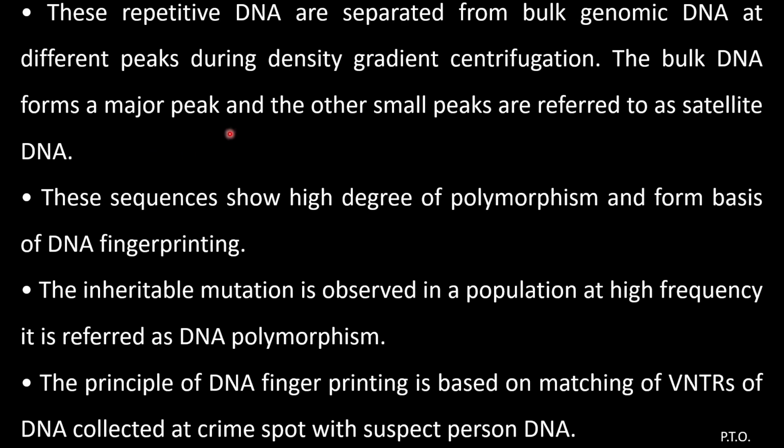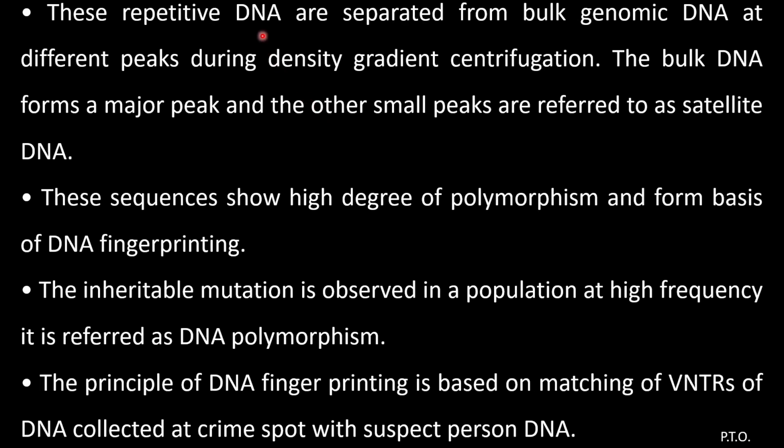So already we have studied from the Human Genome Project that 99.9% of the nucleotide sequences are same in all the people, and only 0.1% of the sequences differ. That major part, 99.9%, is the bulk DNA major peak, and the small peaks, which is 0.1%, are the satellite DNA.